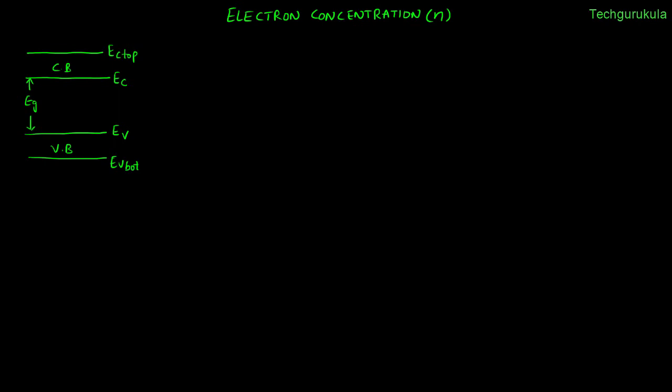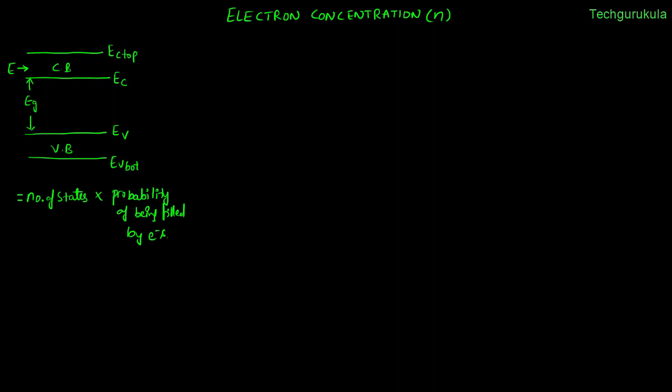So now to find it, basically at each energy level, let me take this is energy level E. At this energy level, if you know the number of states and if you know the probability of that state being filled by electrons, then we can say the total number of electrons at this energy level E is given by the product of the number of states present and the probability of these states being filled by electrons.